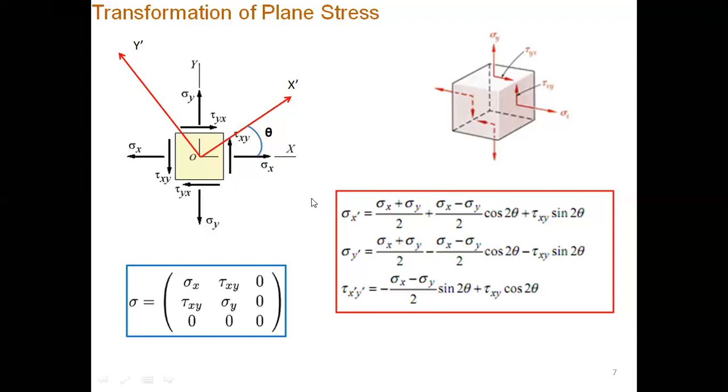If in one frame, for example the xy frame, we know the stress values, sigma x, sigma y, and tau xy, and we rotate this coordinate frame by some angle, so that our new coordinate frame x prime, y prime is at an angle of theta to our previous frame, then what would be our new stress component values?